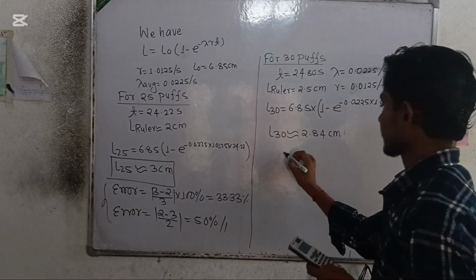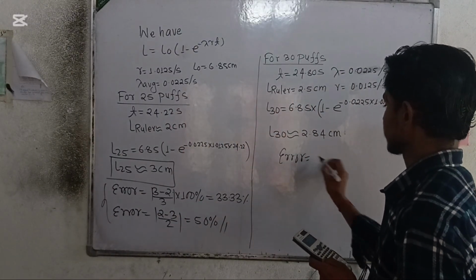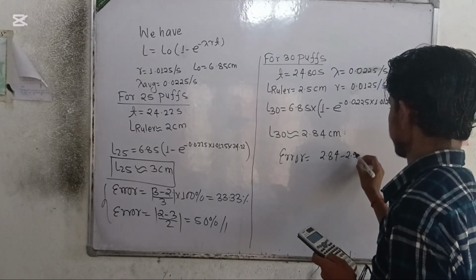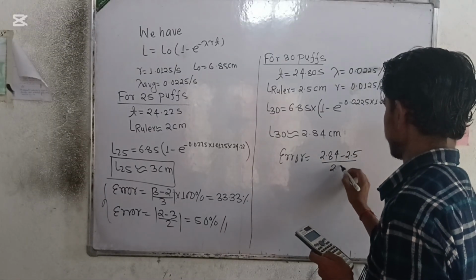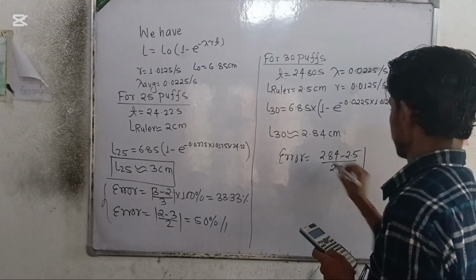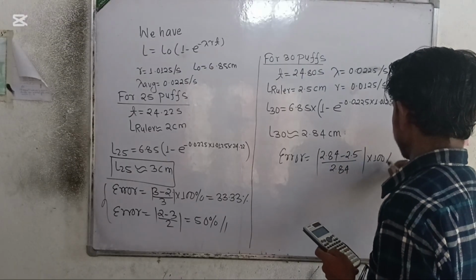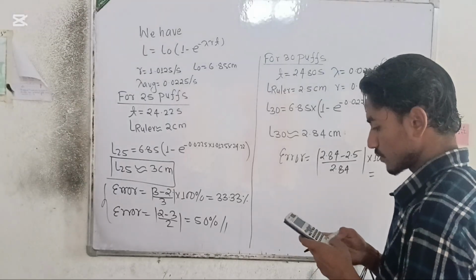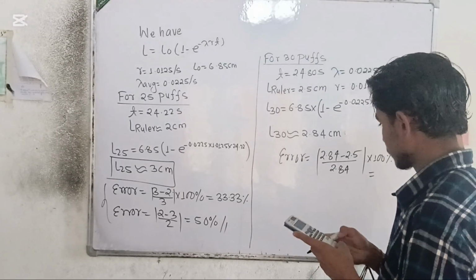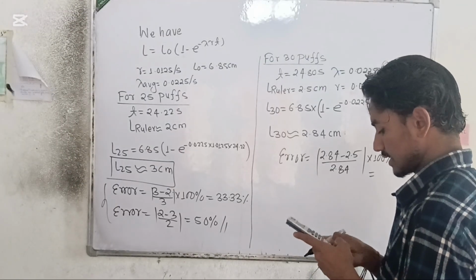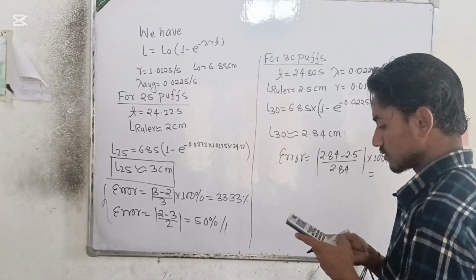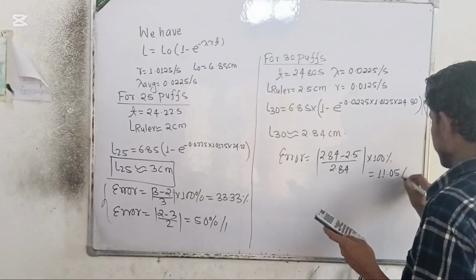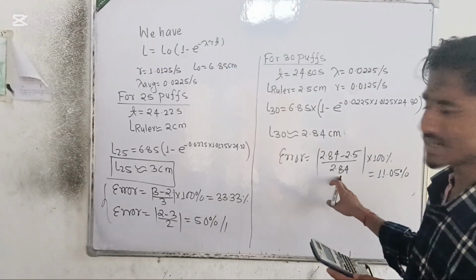And for here we can calculate our error. That is going to be 2.84 minus 2.5 divided by 2.84 into 100 percent. Into 100 we got 11.05% of uncertainty, whether it is the true formula or not.